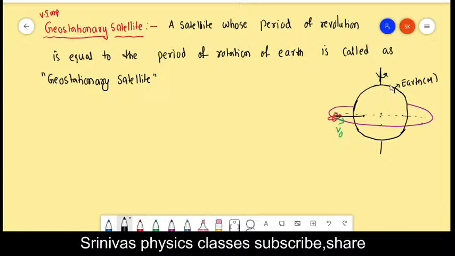For one rotation of the earth, how much time is required? Can anyone tell? How much time does the earth require to complete one rotation about its own axis?